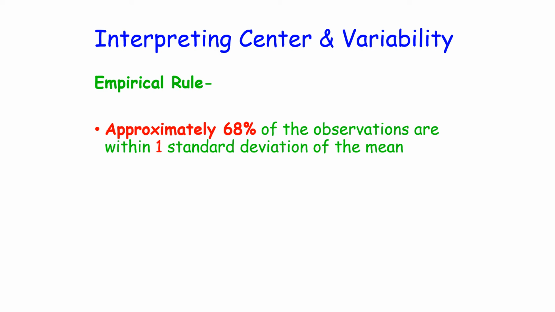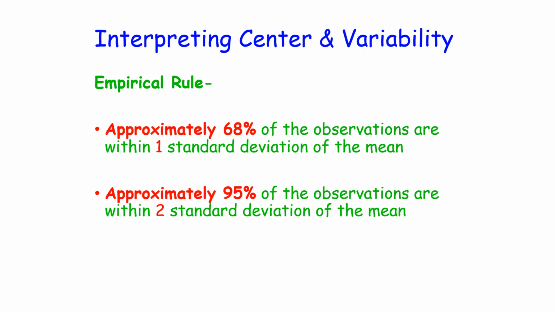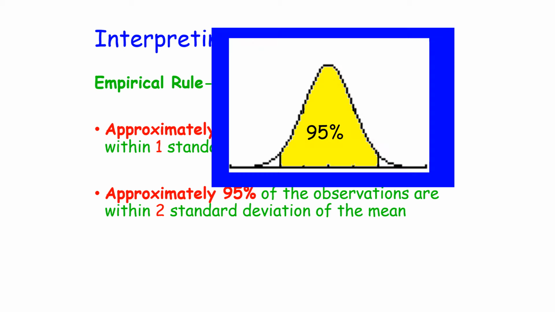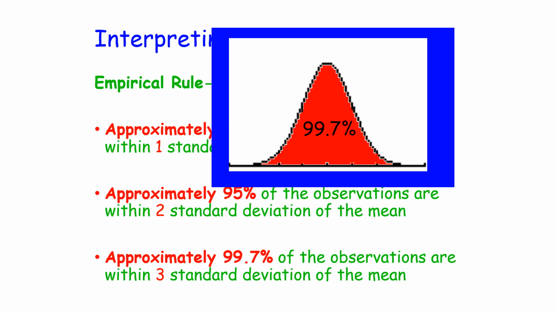Approximately 68% of the observations are within one standard deviation of the mean. Approximately 95% of the observations are within 2 standard deviations of the mean. And approximately 99.7% of the observations are within 3 standard deviations of the mean.